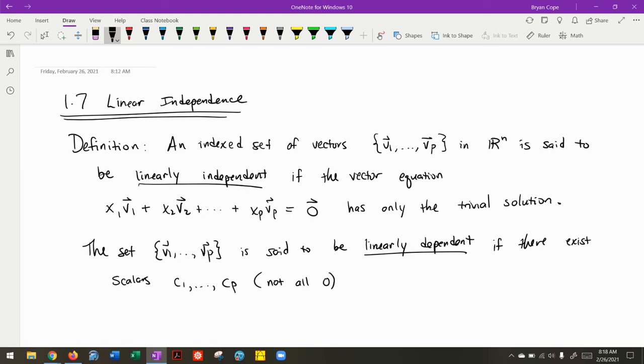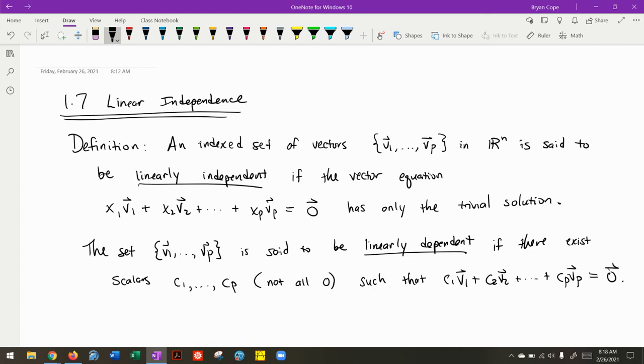So they have to be scalars c1 to cp, not all zero, such that c1 v1 plus c2 v2 all the way out to cp vp equals the zero vector. In other words, there is a non-trivial solution to this vector equation.